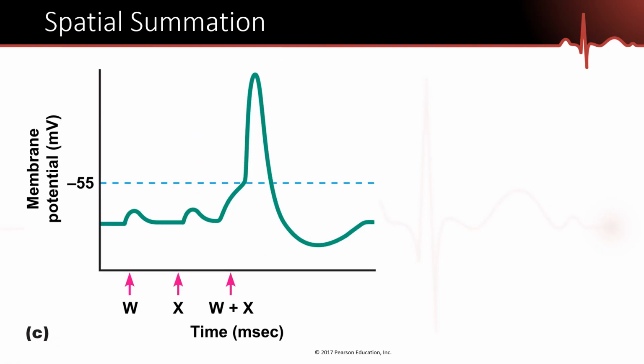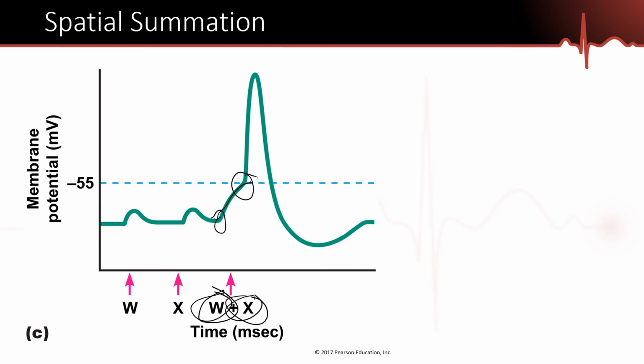If it's spatial summation, then it's multiple different presynaptic neurons working together, right? So that's what's showing. Presynaptic neuron W and presynaptic neuron X are working together, both releasing excitatory neurotransmitters.